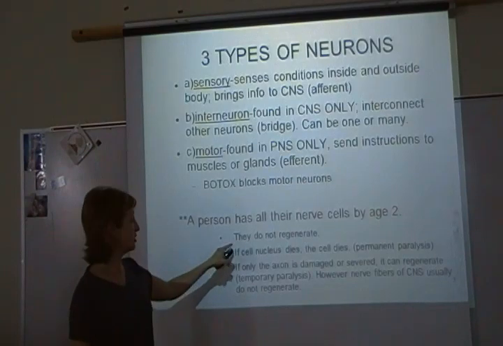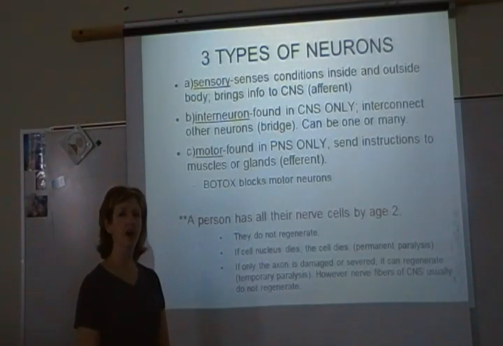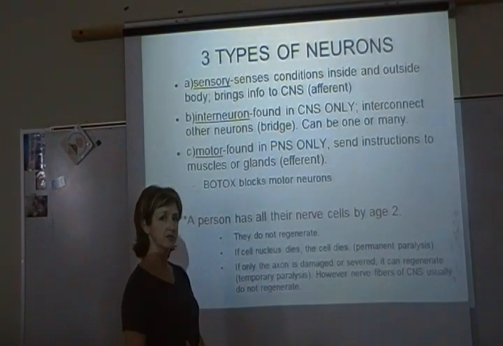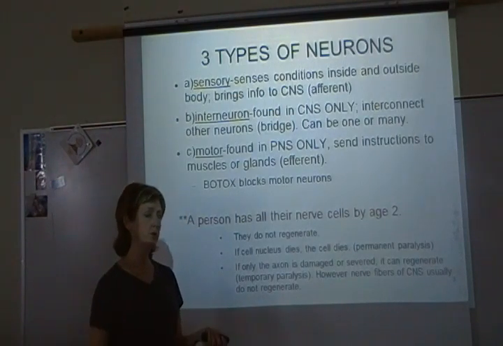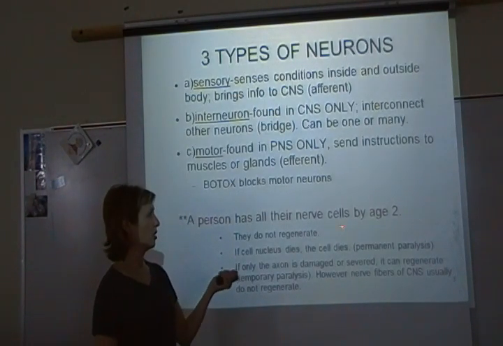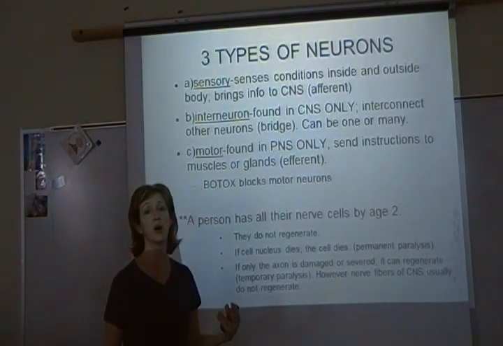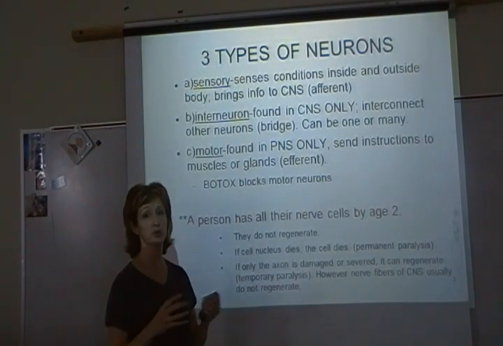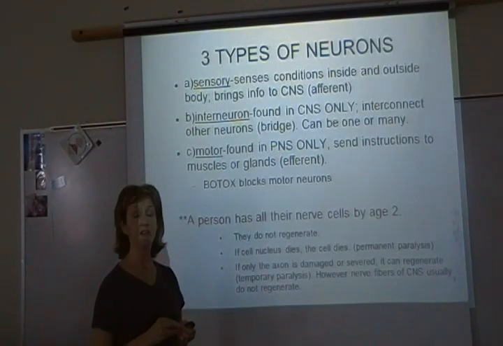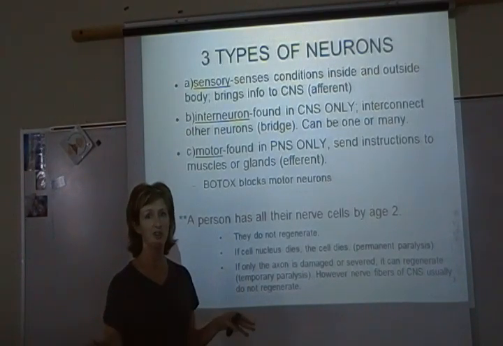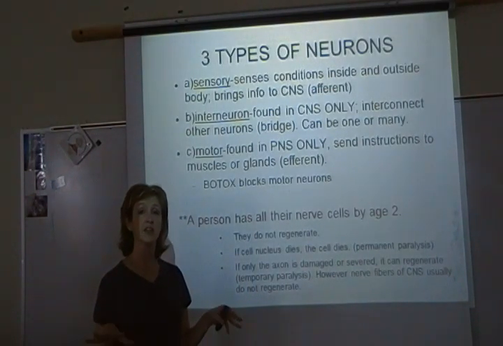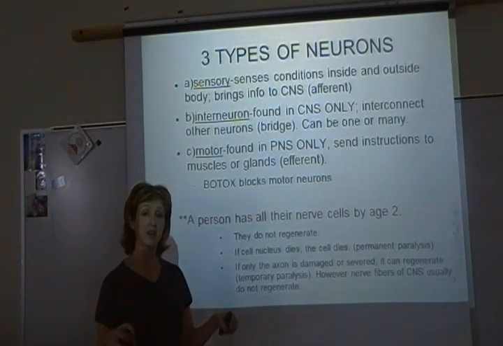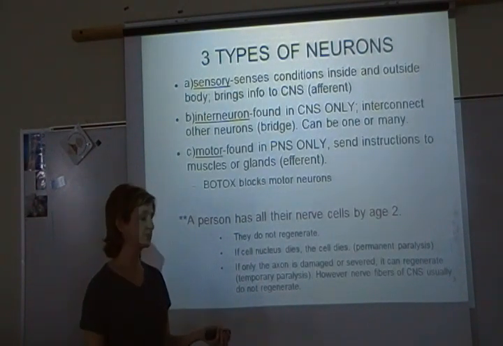Another unique factor about neurons is, unlike other cells that go through mitosis like we've learned about, neurons for the most part are all done growing in our body by age 2. Or not growing in our body, but as far as in numbers. By the age of 2, you're going to have all the neurons you're ever going to have. This is why people can become paralyzed.